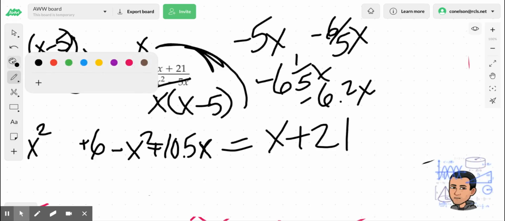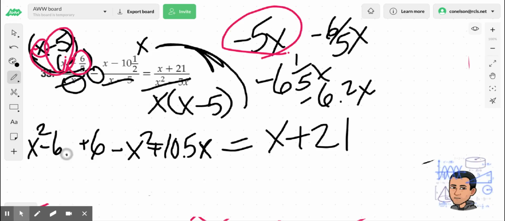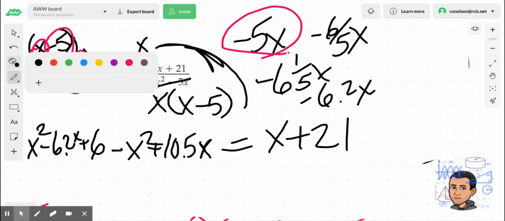Again, if I just change my color a little bit, I get negative 5 times x. That's a negative 5x. And the other one is negative 6/5 x. That's 1.2. Negative 6.2x. That's just terrible. All right.